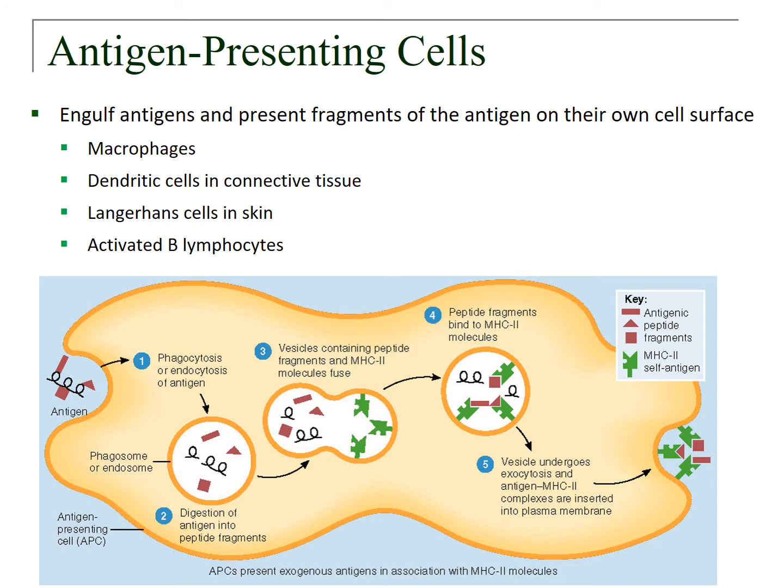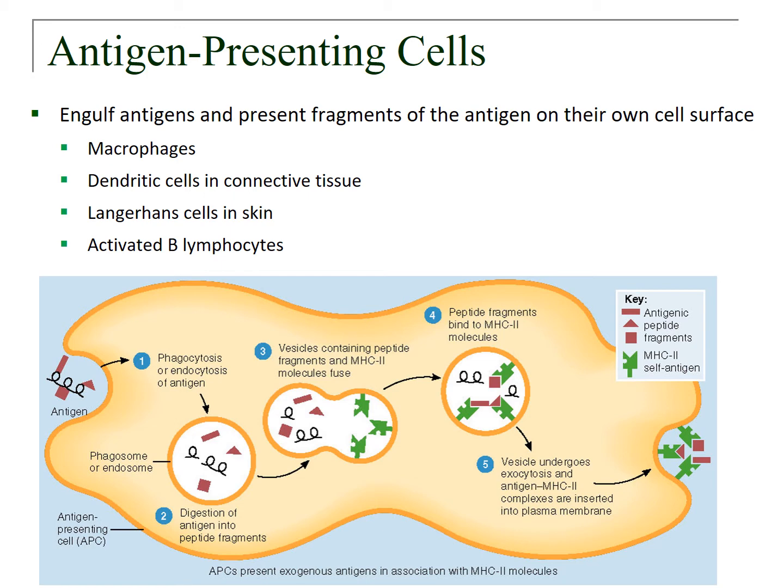Okay, so antigen-presenting cells. Again, these have the MHC2 molecules. This is a different diagram that shows basically the same thing. These types of cells are macrophages, dendritic cells located in connective tissue, Langerhans cells in the skin, and activated B lymphocytes.